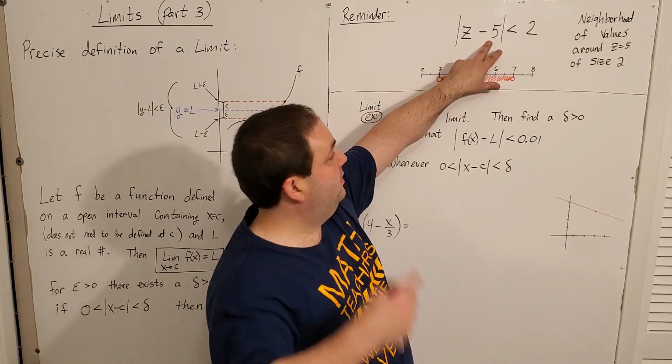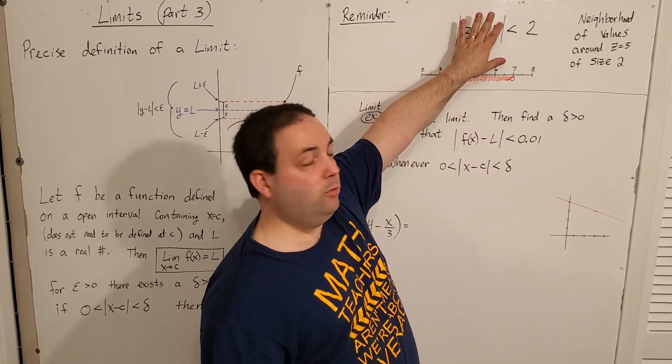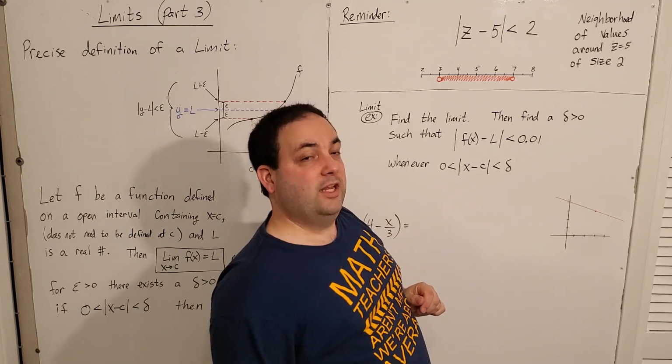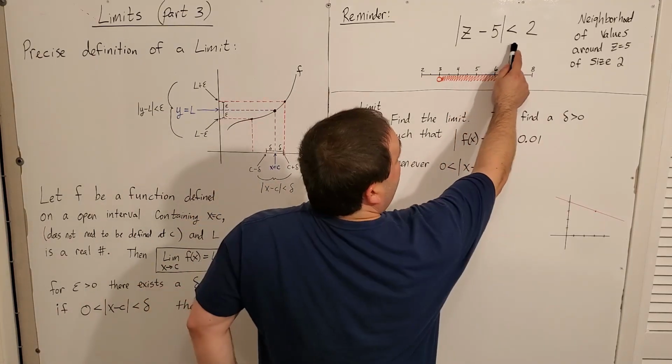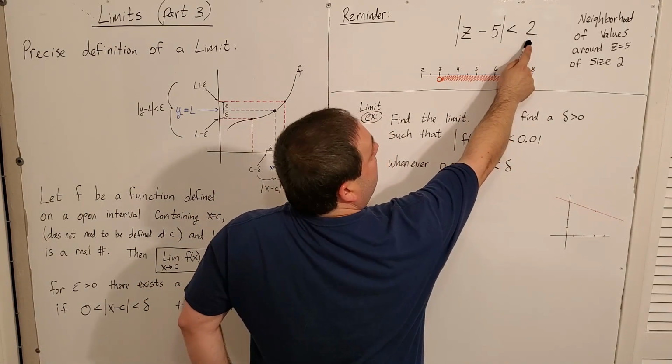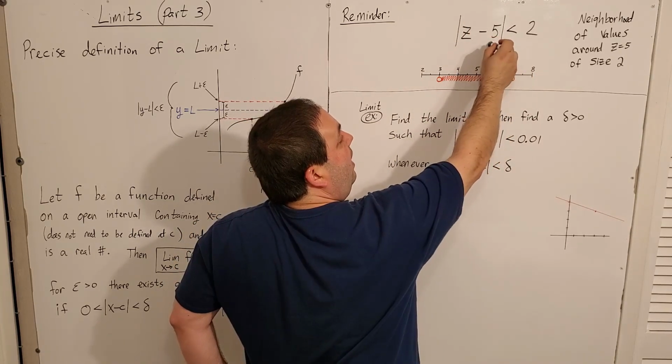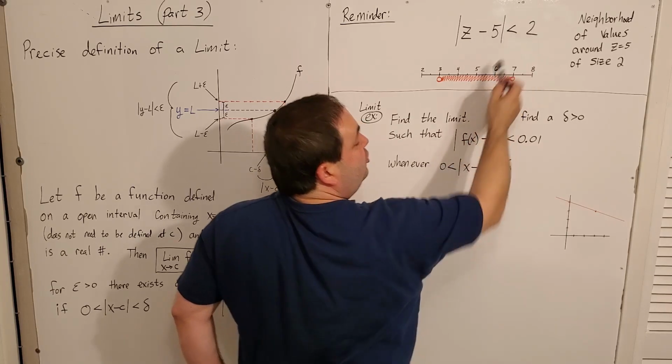The way you know is whatever number can zero out this expression. If I plug 5 in, 5 minus 5 is 0, then that's where the center is. But then I have the less than 2 here. So I'm saying the distance between any number and 5 should be less than 2.